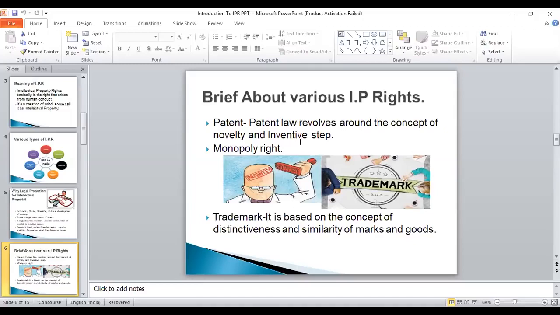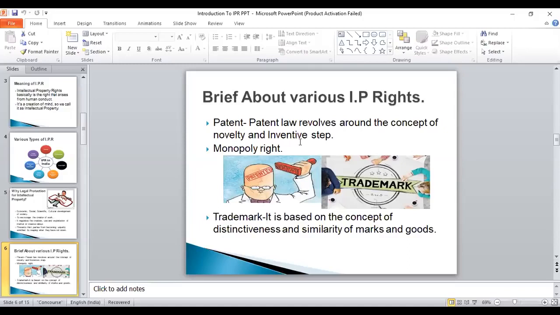Suppose you're inventing or discovering a medicine or a drug, that should not be limited only to your personal use. That should always be useful for the public at large. Else, you won't get a patent. But if your invention is useful for even a very small portion of people, then also you'll get a patent.